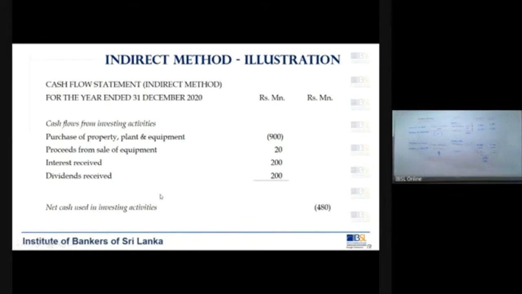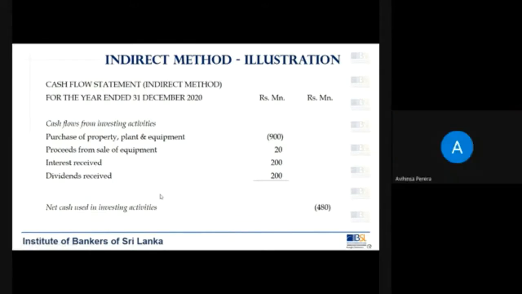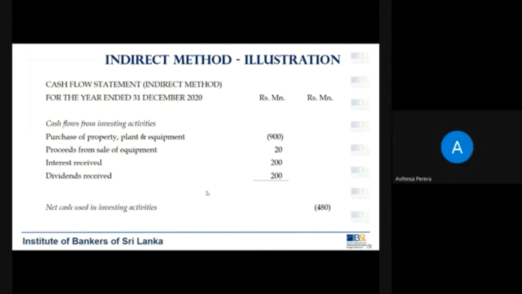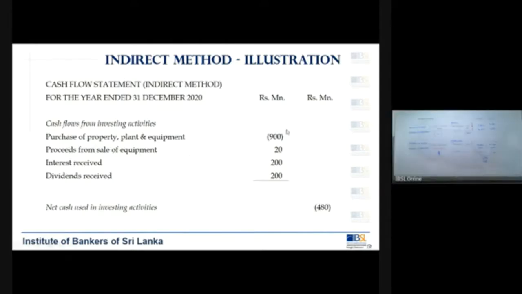So if it is an increase in assets, what is it? Cash outflow. If it is a cash outflow, how do you show it, positive or negative? Negative. That's why this is shown in brackets. Interest received.